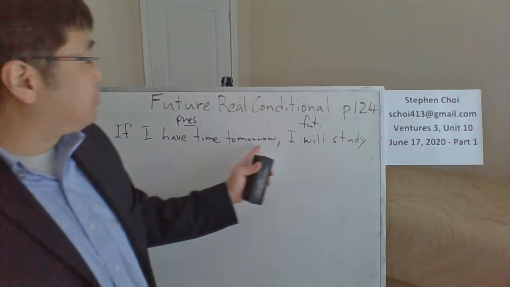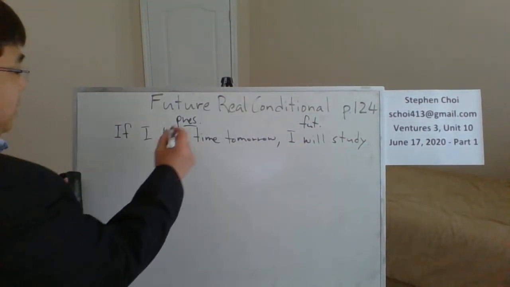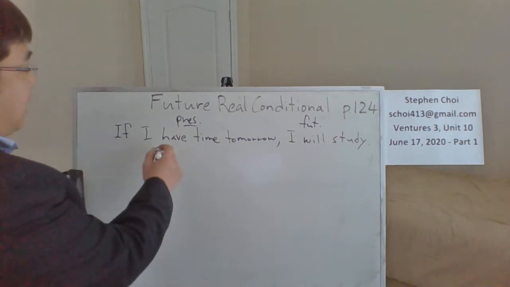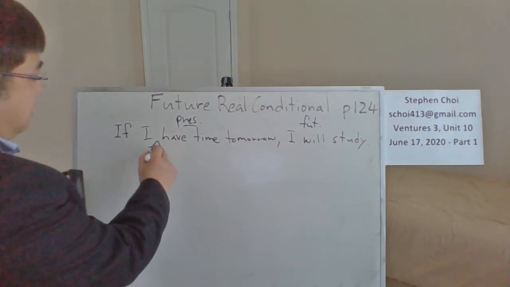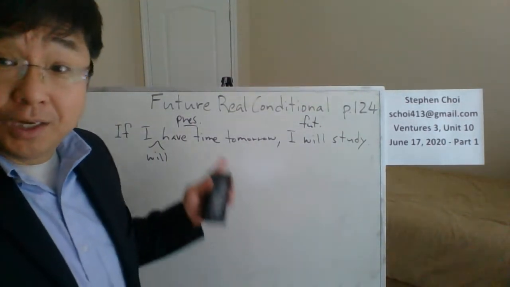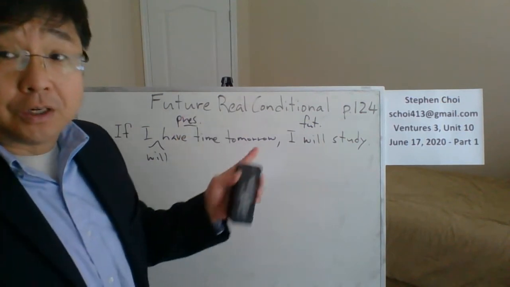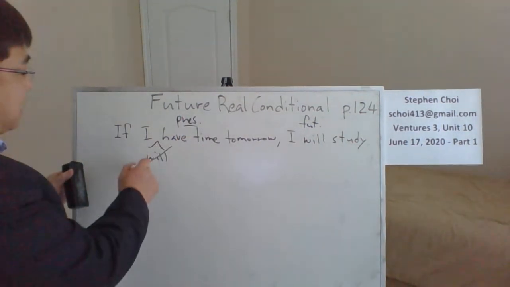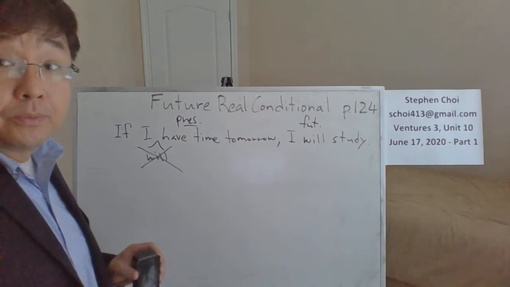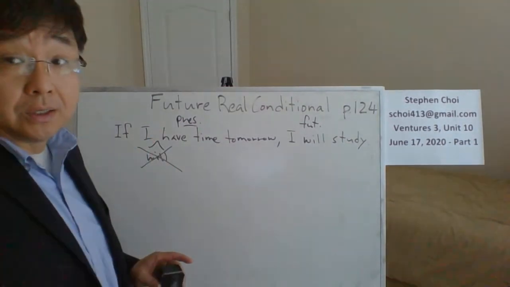If I have time tomorrow, I will study. It's kind of funny because you would think it would be if I will have time tomorrow, I will study, because we're talking about the future. But for future real conditional, we do not make the time clause in the future tense. We say it in the present tense. So you've got to remember that.